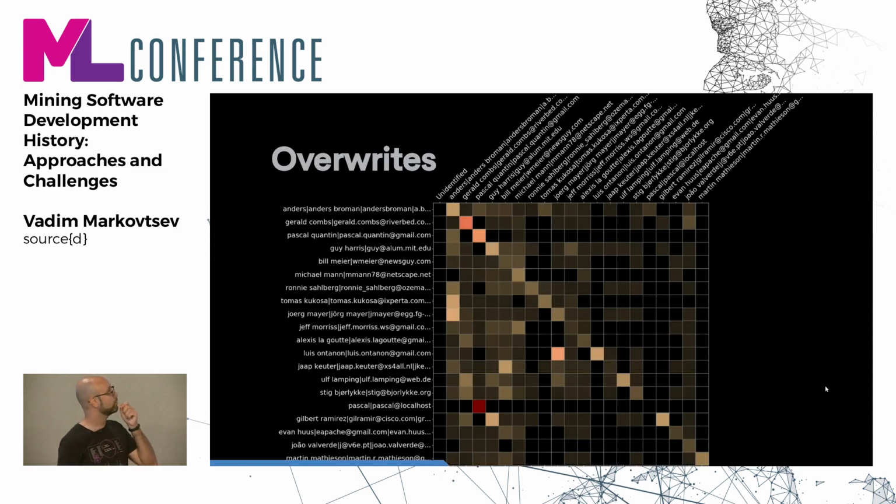Another example of this line and ownership thingy is that you can plot the matrix of overrides. Imagine that you wrote 100 lines, and from these 100, 20 were overwritten by developer A, another 10 were overwritten by developer B, 50 were overwritten by developer C, and so on and so forth. And this is exactly what is here.